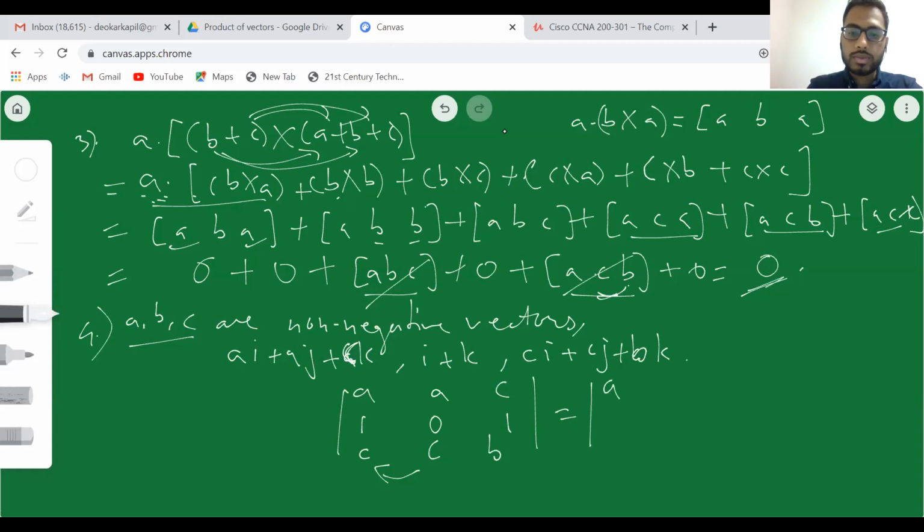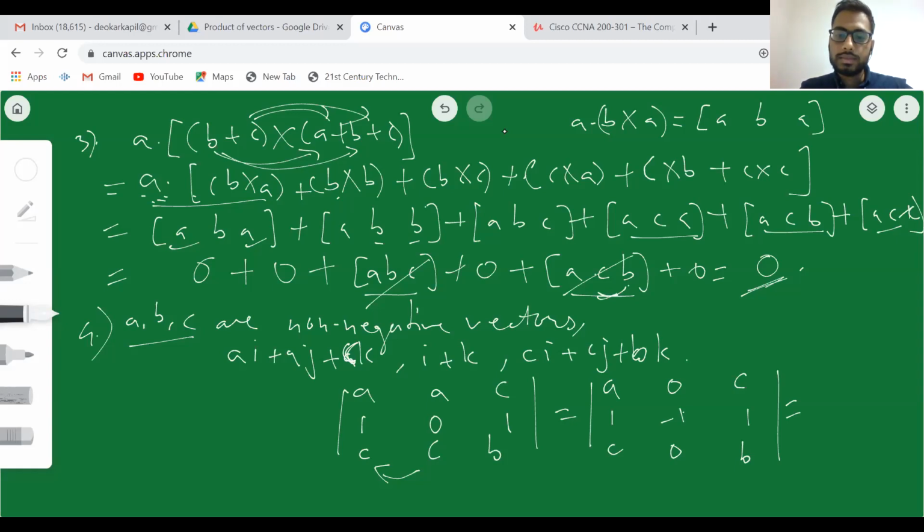No changes in my column 1. In column 2, I'm doing column 2 minus column 1. So A minus A is 0, 0 minus 1, C minus C is 0, and here I have C, 1, and B. Now I can expand this easily. A into this would be minus of B, so minus of AB is plus 0 square is 0.